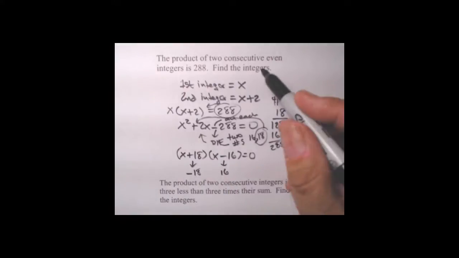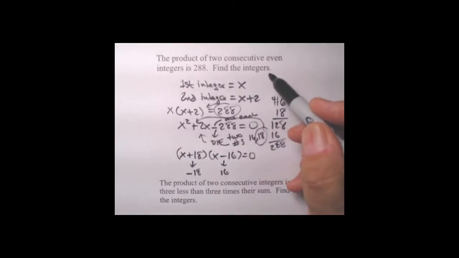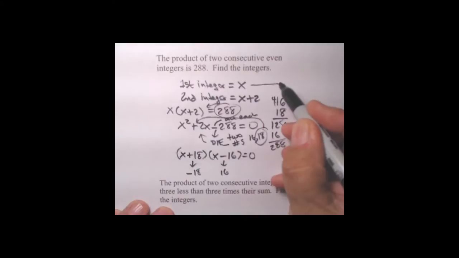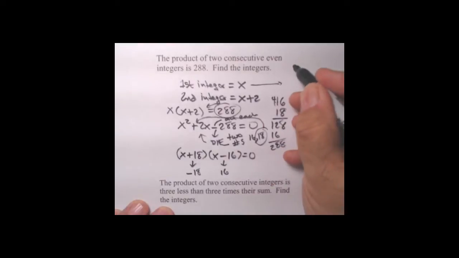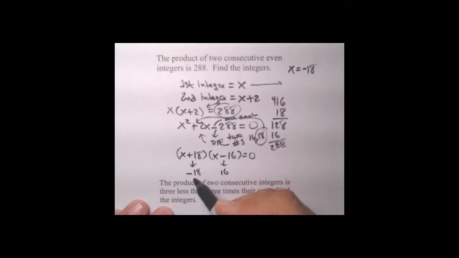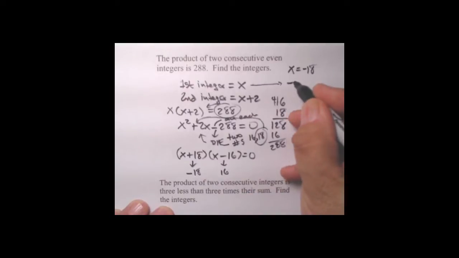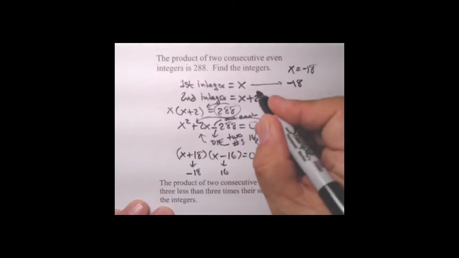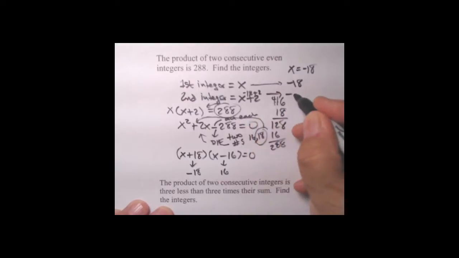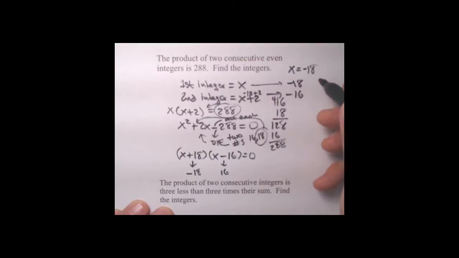Now notice in this problem, these are integers. Integers can be both positive and negative. So what we're going to get are two possible answers here. First, for x equals negative 18, remember that's one of the values we got down here. This will be negative 18, and negative 18 plus 2 will give me negative 16. So there are two integers that are consecutive evens.